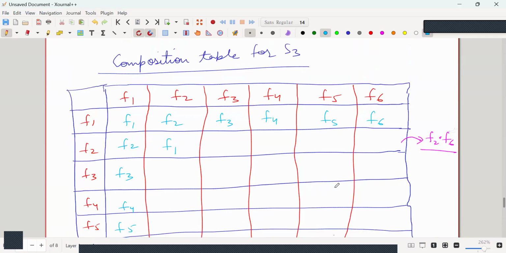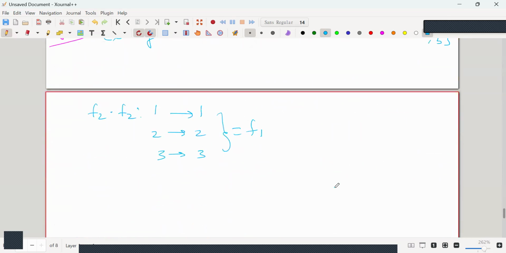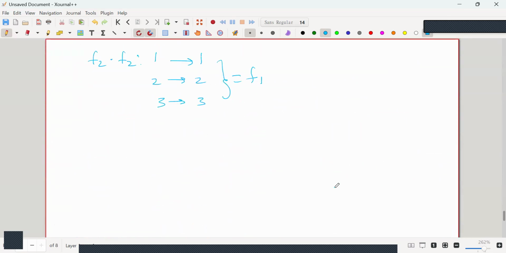Now, what is F2 times F3? F2 composed with F3, right? So first we need to see where F3 maps the elements and then apply F2 over it.